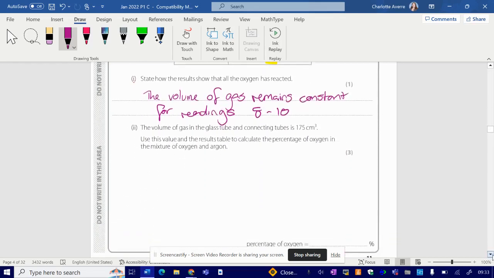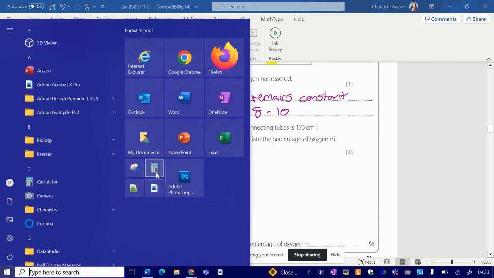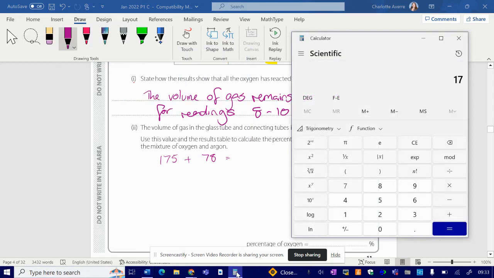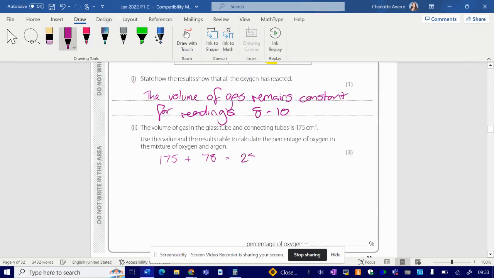Okay, so I know that my total volume of gas at the beginning is 175 plus 78, which is 253.